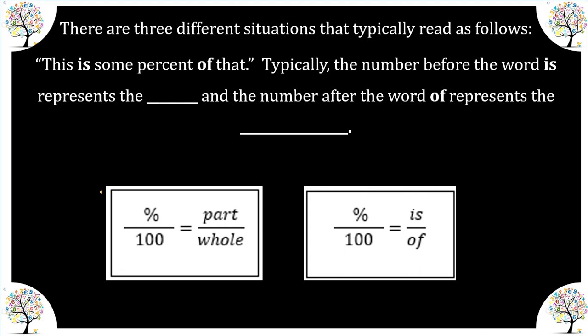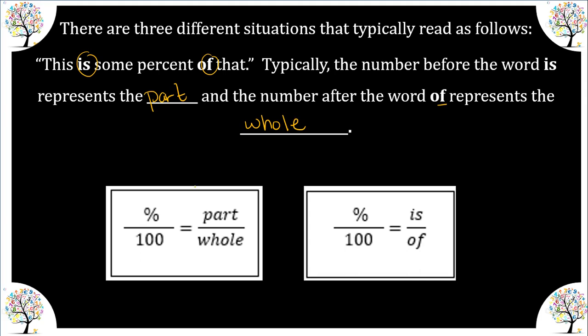There are 3 different situations that typically read as follows. This is some percent of that. Typically, the number before the word is represents the part, and the number after the word of represents the whole number.